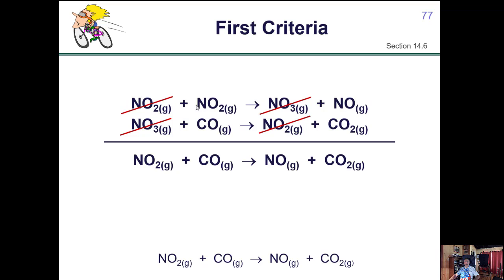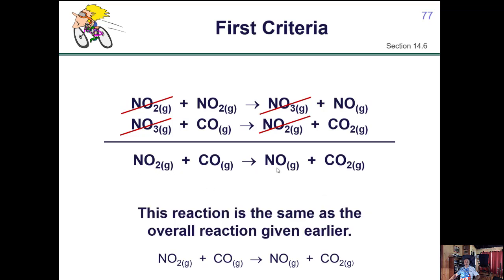Now we simply add them up. So we've got NO2, just one of them, and carbon monoxide. And now we've got nitric oxide, we add that, and carbon dioxide. And we compare the sum of the elementary steps for our proposed mechanism to the original reaction, and we see that they indeed do match up.